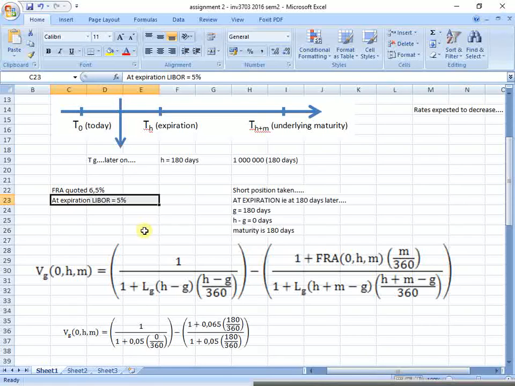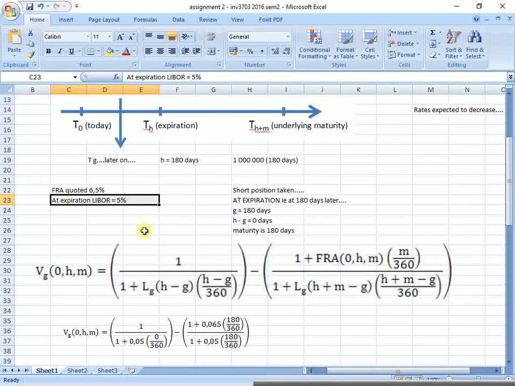The M would be the maturity, which is 180 days as well. So that didn't change. M is the time to maturity, which would have been 0 basically, because the maturity is the same as the underlying.